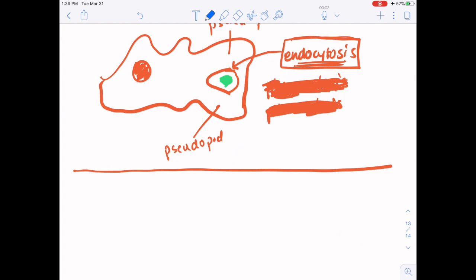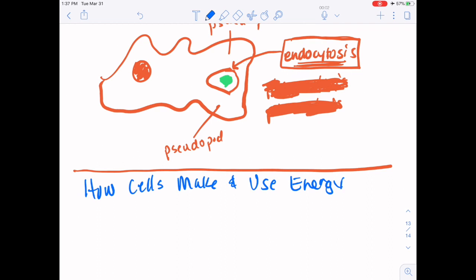All right, so we're into the section that I like to call cool stuff that cells do. And they let things cross in and out of the membrane. That's kind of cool. Another cool thing that cells do is that cells make energy. So this whole next section, this whole unit that's up next is all about cells' energy and how cells make and use energy.